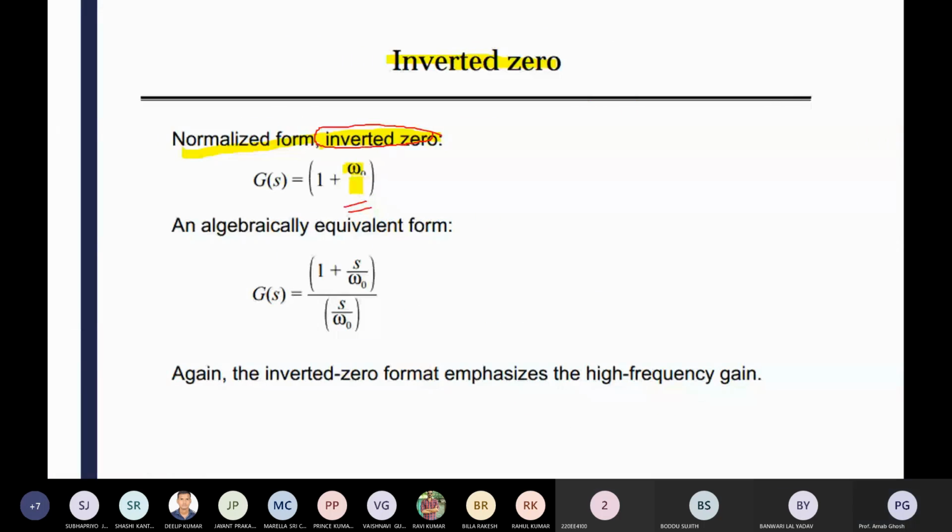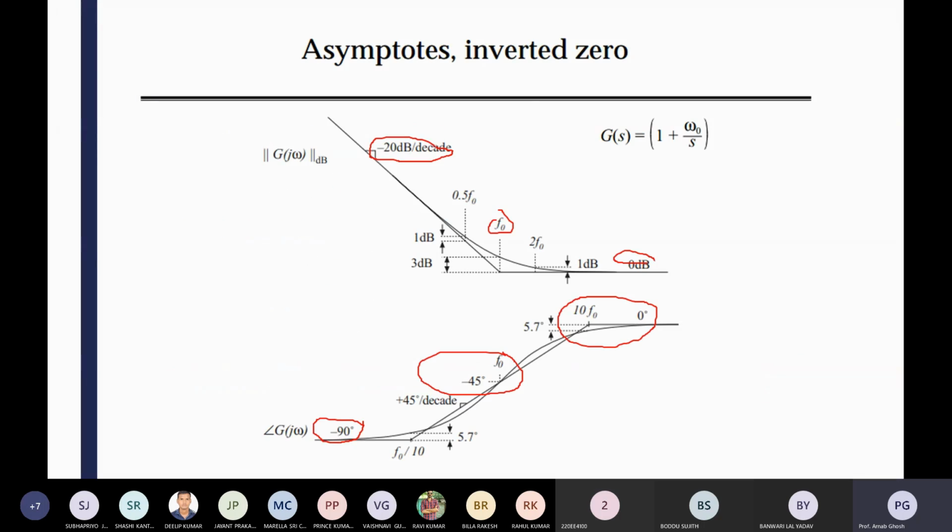So here you can see the inverted zero, omega 0 by s. Now you are multiplying it with s by omega 0, so finally it comes like that. Numerator and denominator, both you have to multiply. For the inverted zero, this format emphasizes the high frequency gain.